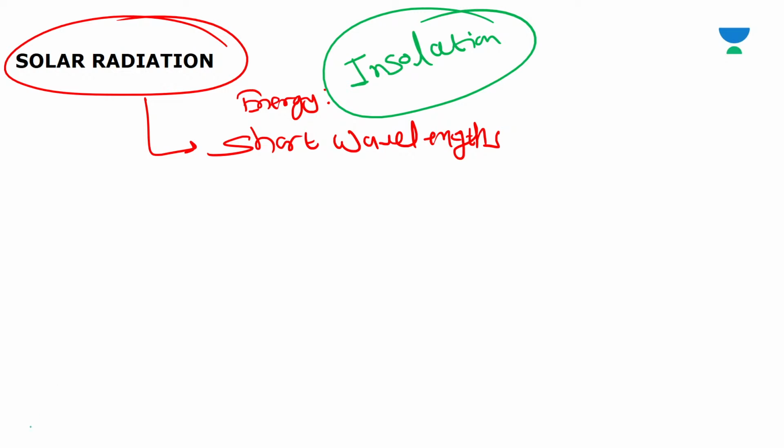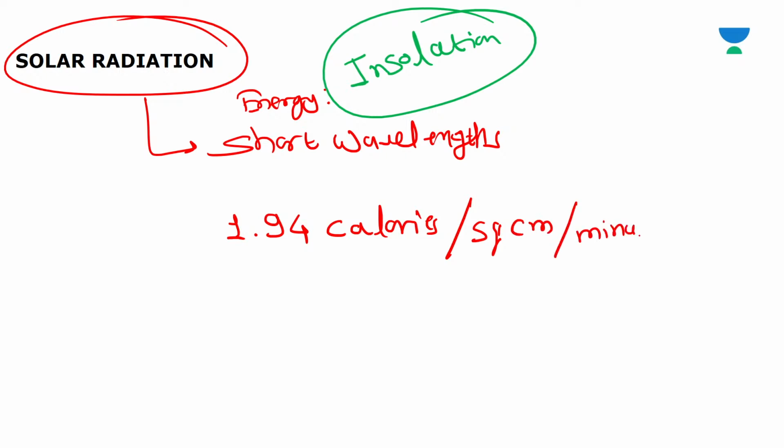On an average, the Earth receives 1.94 calories per square centimeter per minute at the top of its atmosphere.